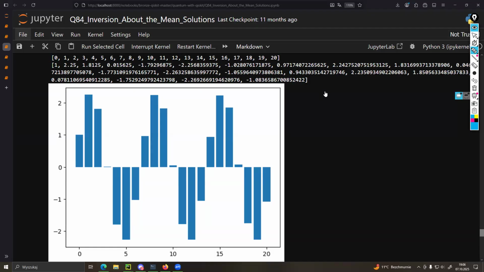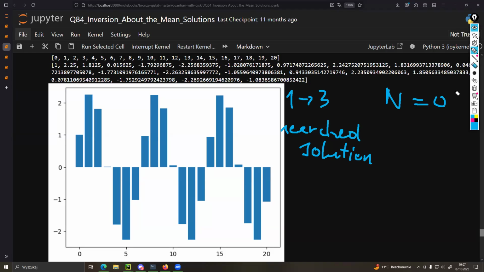So if we go from one search solution into three, and the space is in both cases the same, so the case 1 and 1 is equal to n2, we need fewer Grover iterations and inversion about the mean iterations, because this is the central element of Grover's algorithm.